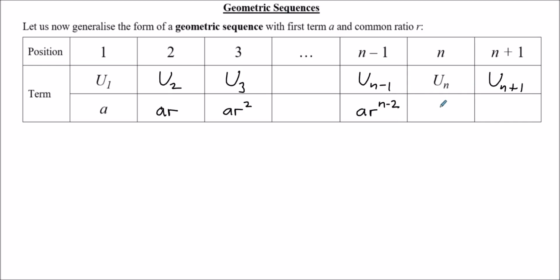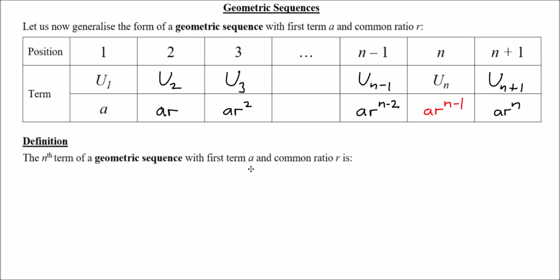And here, the nth term, this is the key result, the nth term of any geometric sequence is the first term multiplied by the common ratio to the power n minus 1. The next one would be ARn. So to put this into your notes, the nth term of a geometric sequence with first term A and the common ratio R is AR to the power n minus 1.